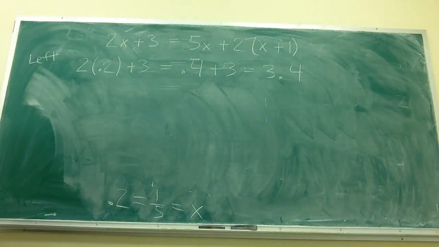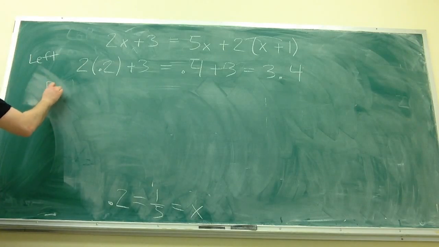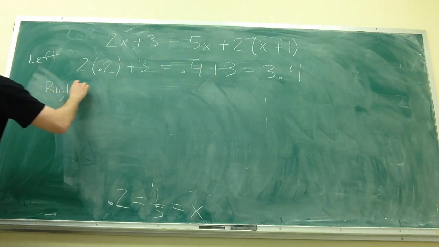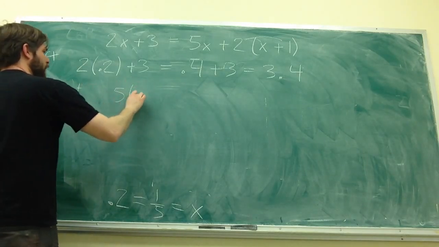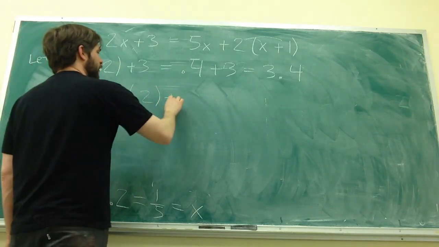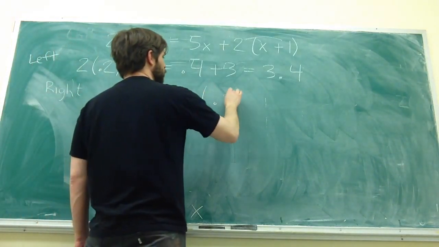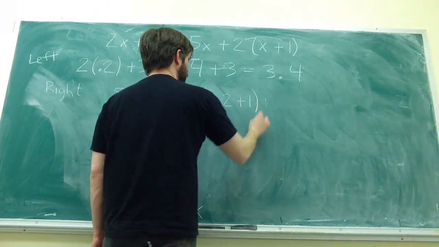Now we could do the same on the right side, plugging x equals 0.2 in, so we have 5 times 0.2 plus 2 times 0.2 plus 1.